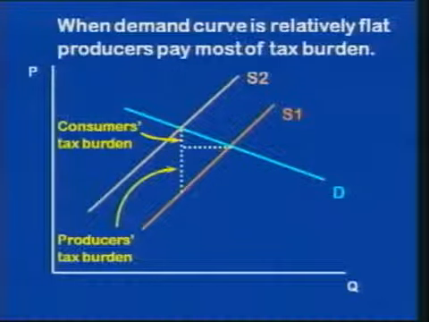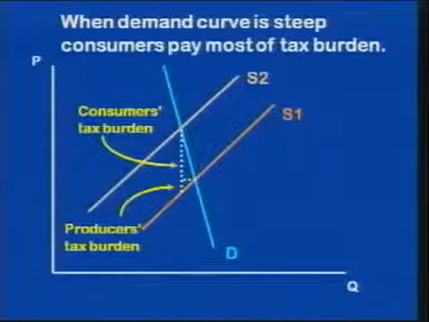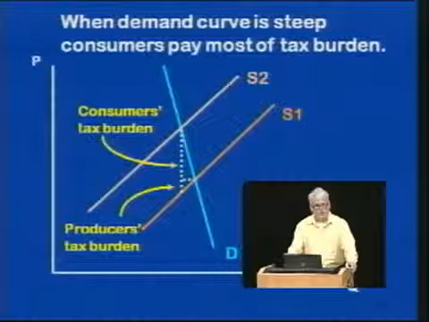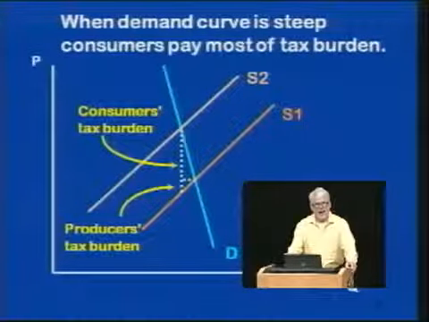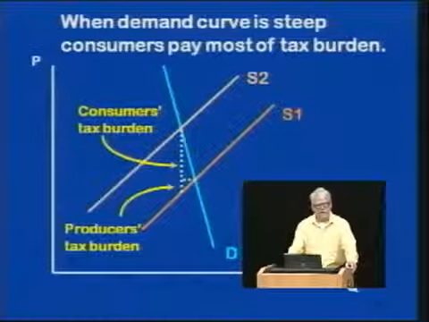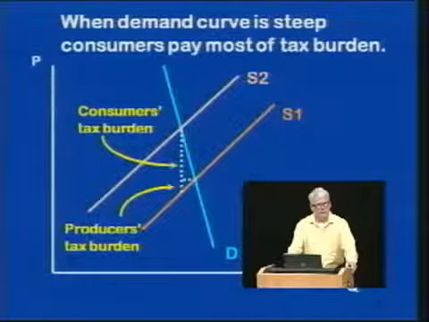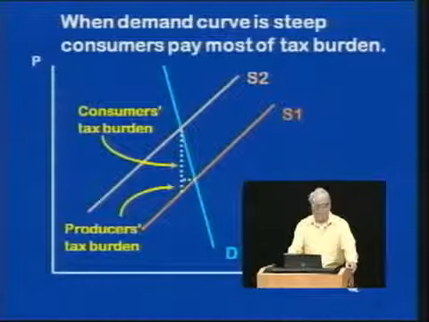Let me go back to the steep one again. For cars, for example, remember I was talking about cars? If you place a tax on all cars, like a registration tax, then that is going to be borne mostly by consumers. It doesn't really hurt producers much.